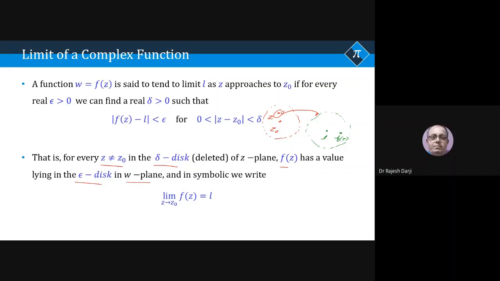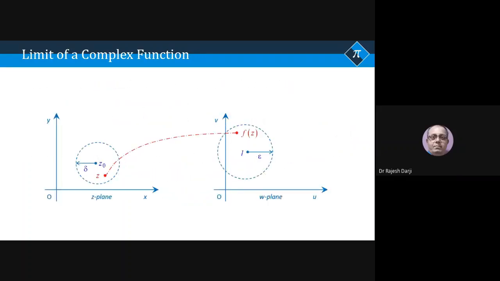And the limit of the function f(z) as L is denoted by this notation. So you can see this diagram. This is the delta disk around Z0. If you take any point here, then there should be an image of the function f(z) within this.